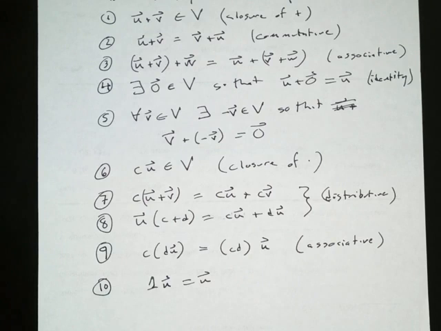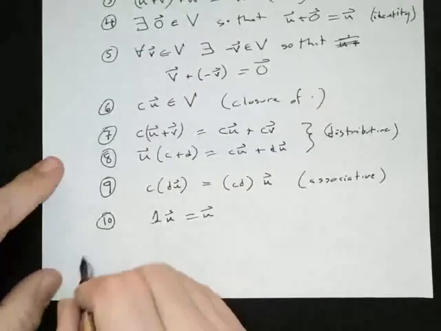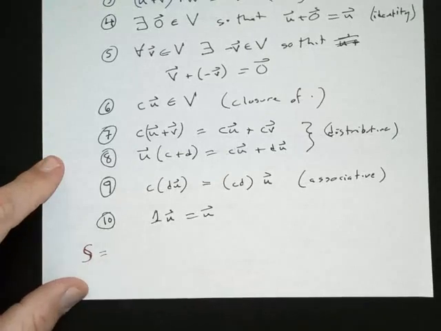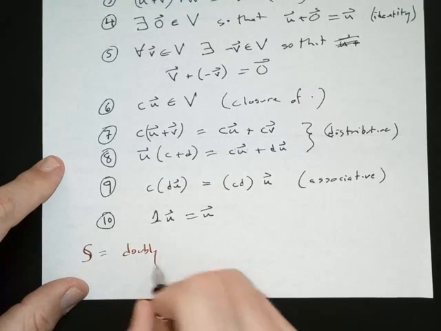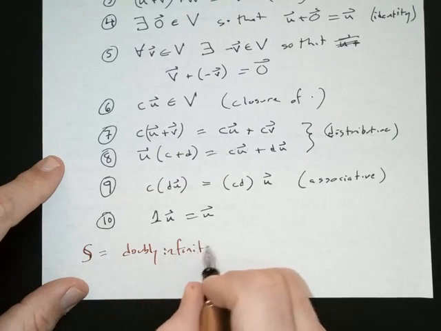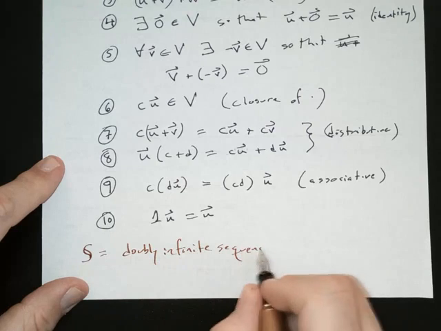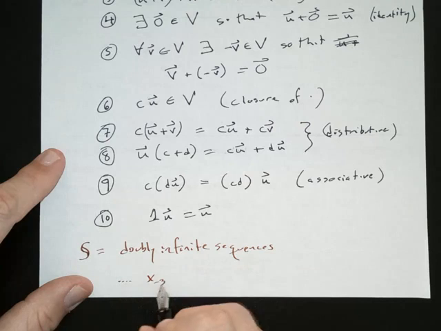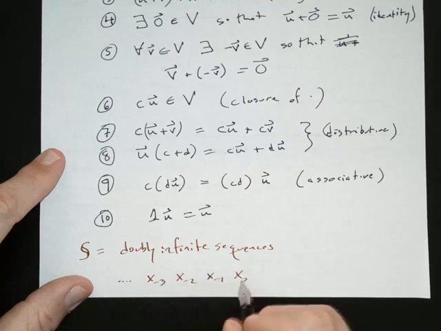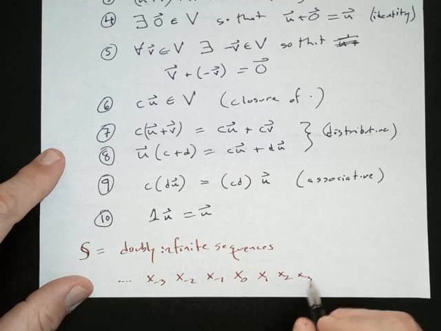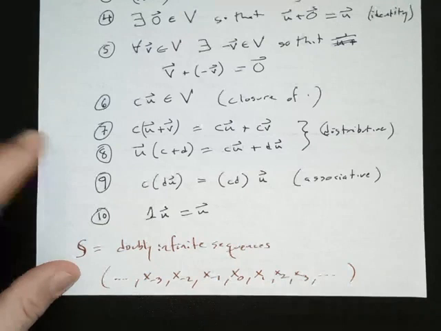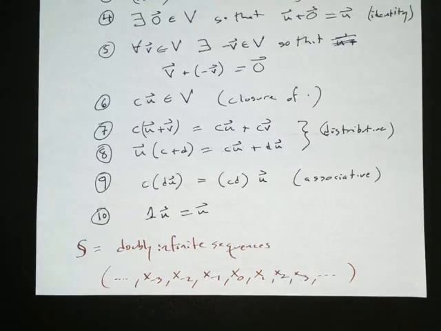But here's another option. This is a funky looking S, like we had the Z and the R for integers and real numbers.